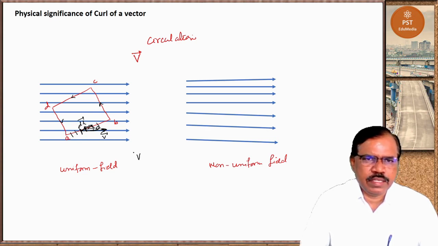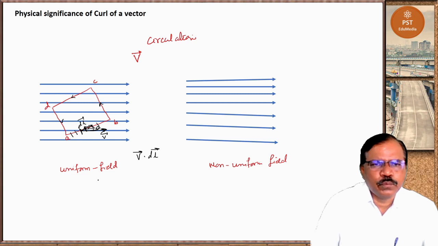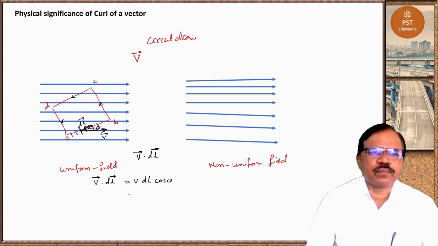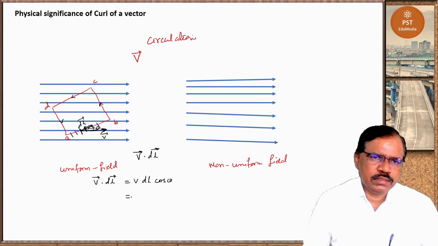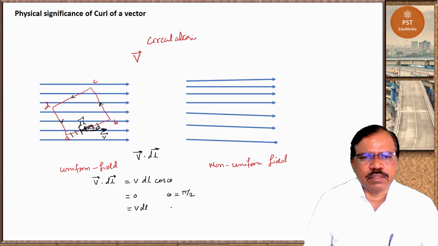So we take V dot dl. V dot dl is V dl cos theta. Now we know this is 0 when theta is equal to pi by 2, and V dl is maximum when theta is equal to 0.